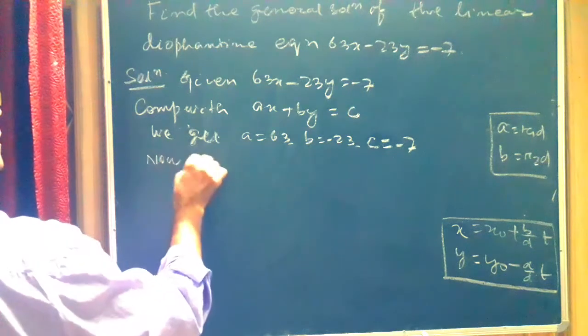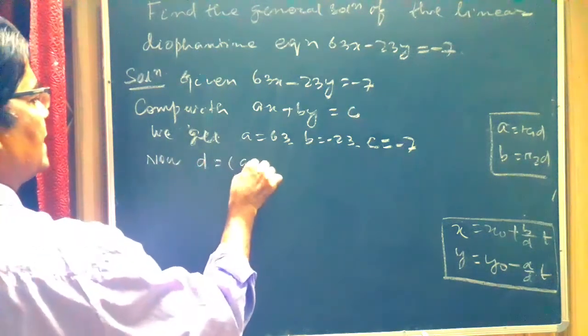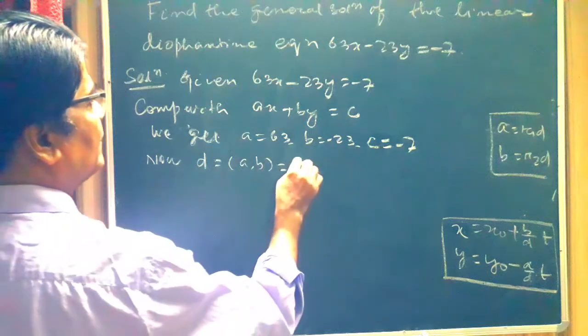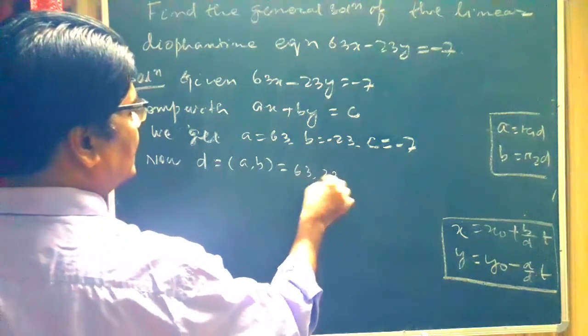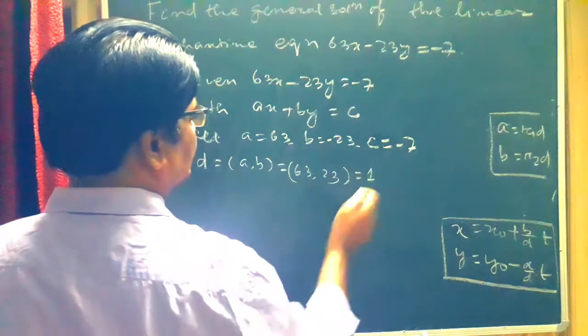Now d = greatest common divisor of a and b, that is gcd(63, 23) = 1.